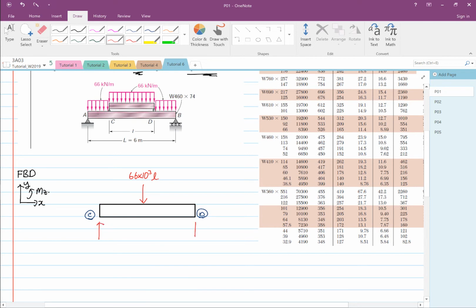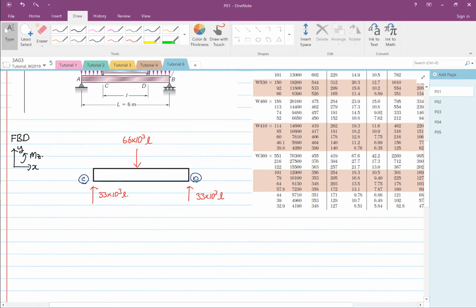Because the structure is symmetrical in terms of loading and geometry, C and D will take half the load each. So that's why it's 66 divided by 2, you have 33 times 10 to the power 3 L.